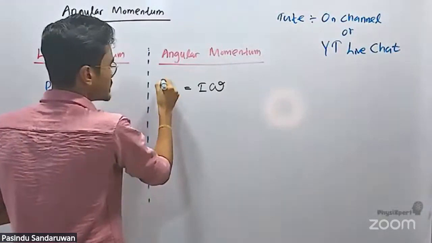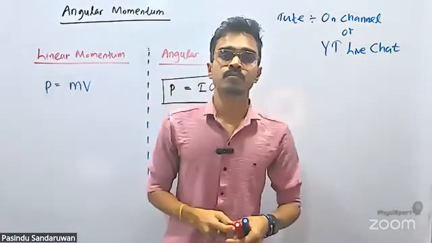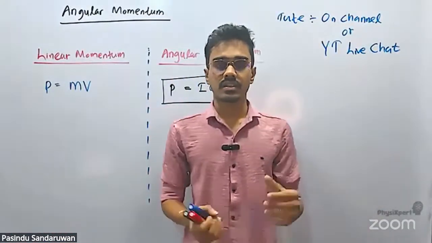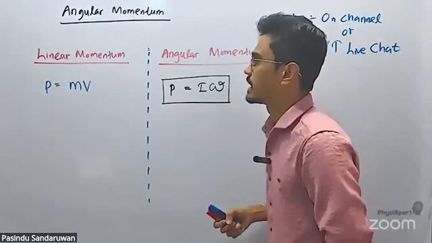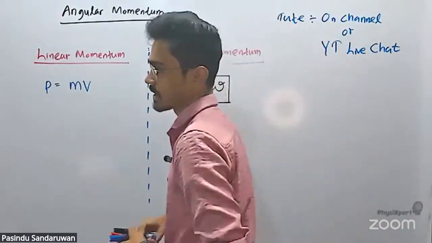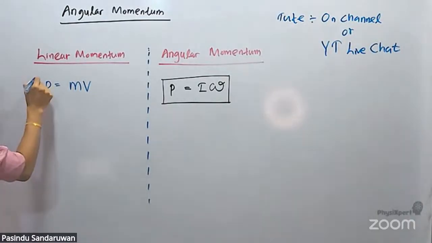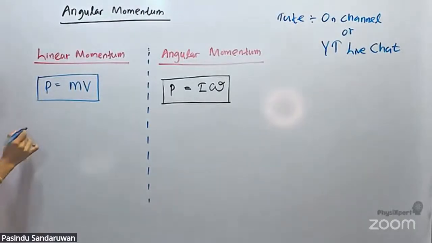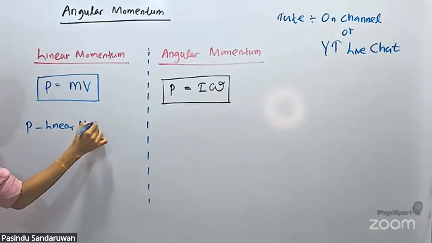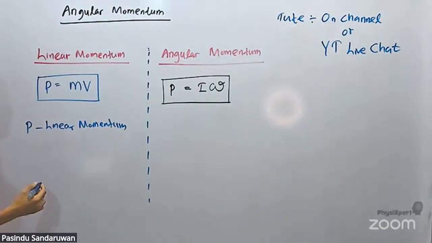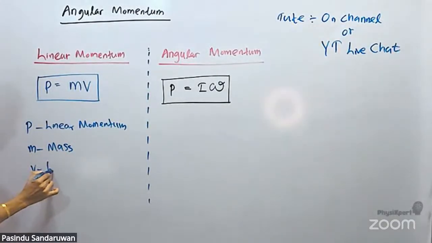Now let's compare these two starting from here, because for the definitions and the applications, this comparison is very important when we are moving on. Take down both. This is linear momentum: P is linear momentum, M is mass, V is linear velocity.